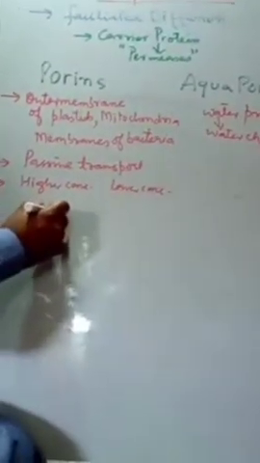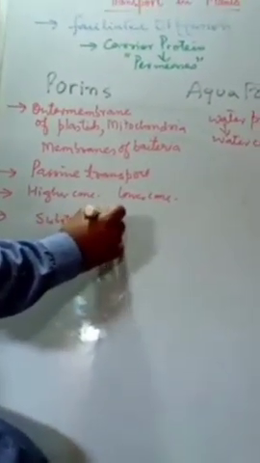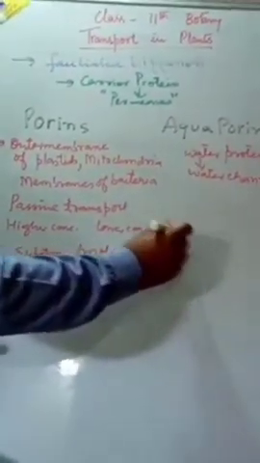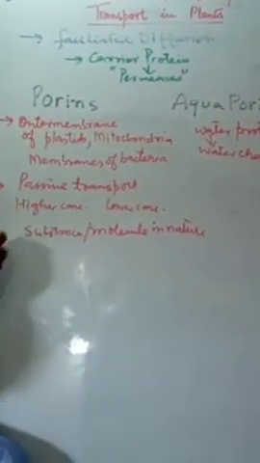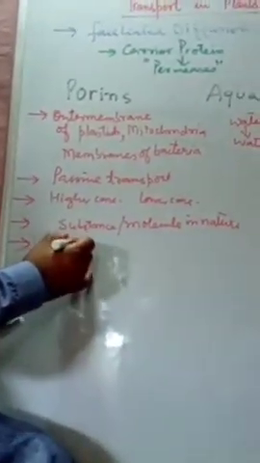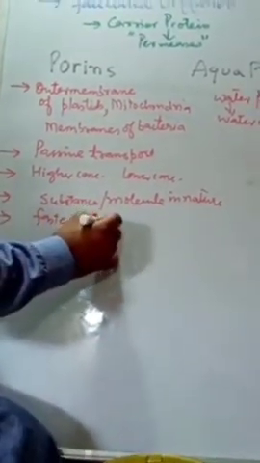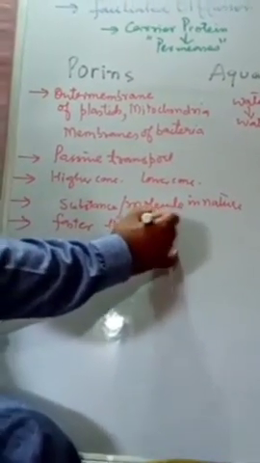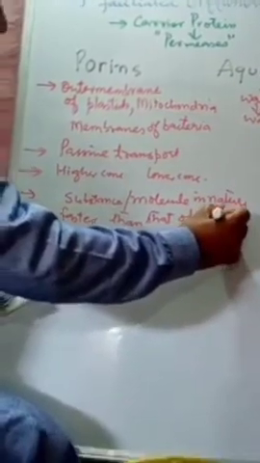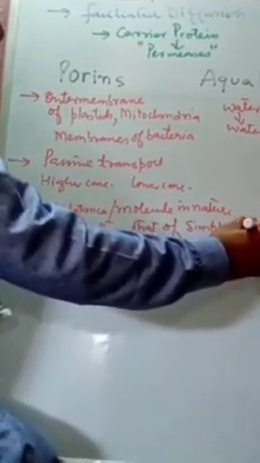Third, the substances or molecules or solutes which attach with these carriers are substance or molecule selective in nature. And in this diffusion, it is faster. This type of transport, facilitated transport, is faster than simple diffusion.